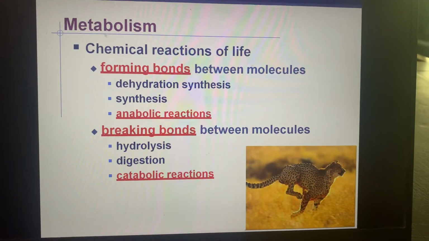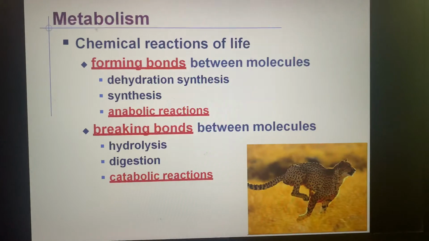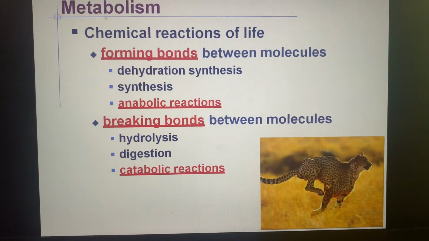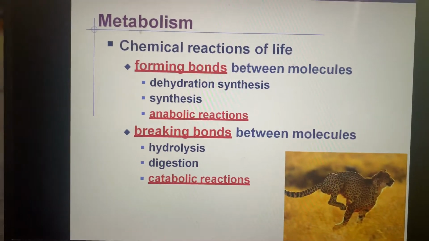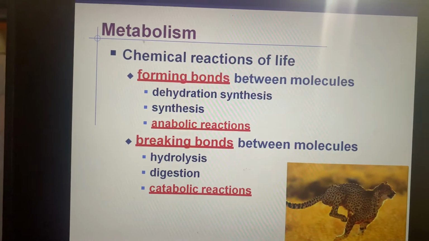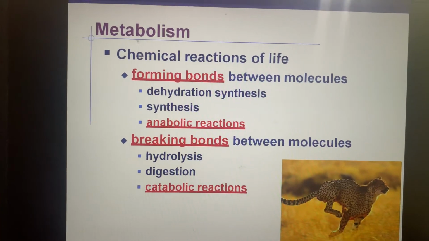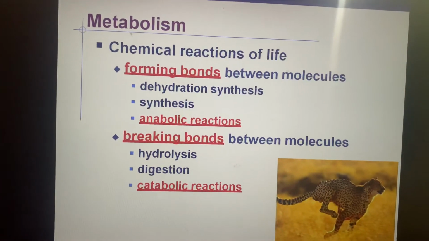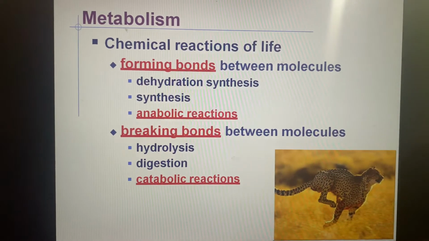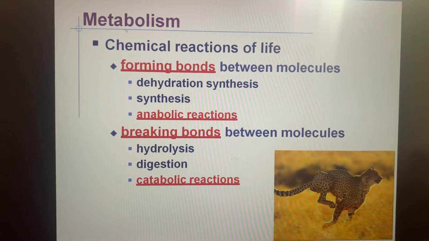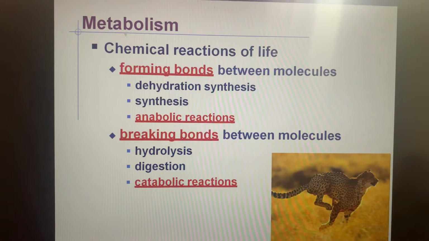Metabolism is actually the concept of chemical reactions occurring within the cell. Forming bonds between molecules happens through dehydration synthesis.